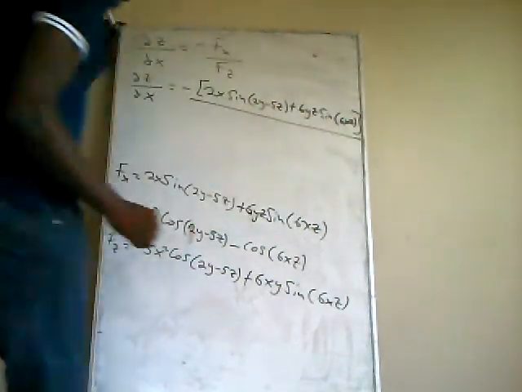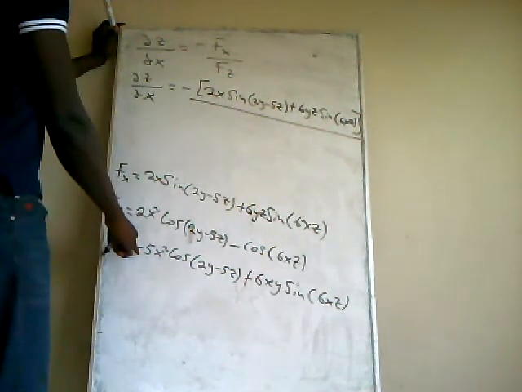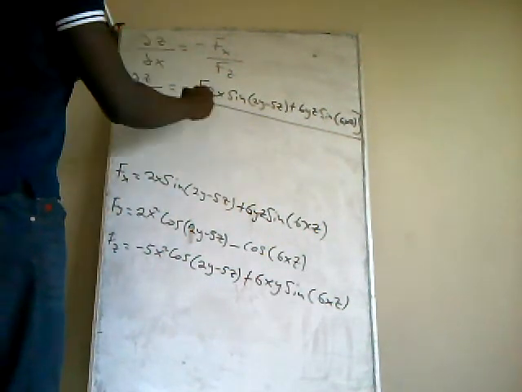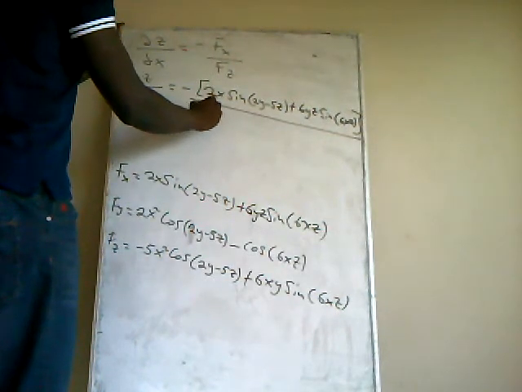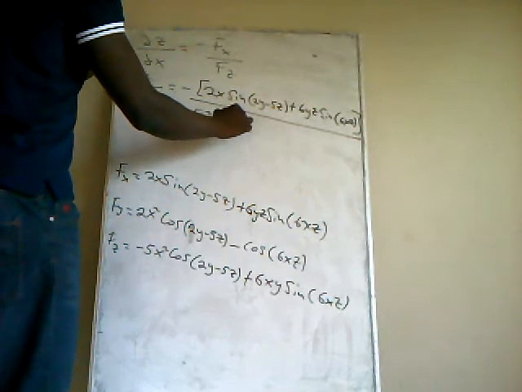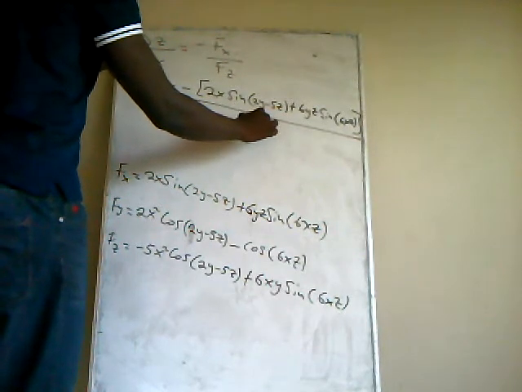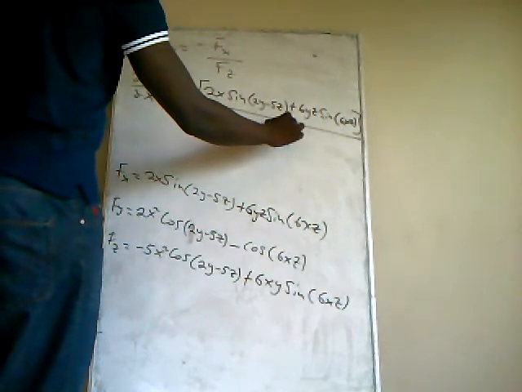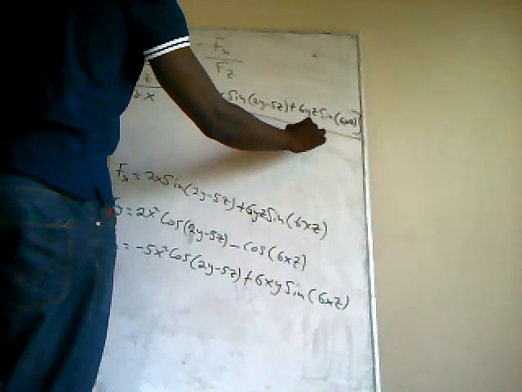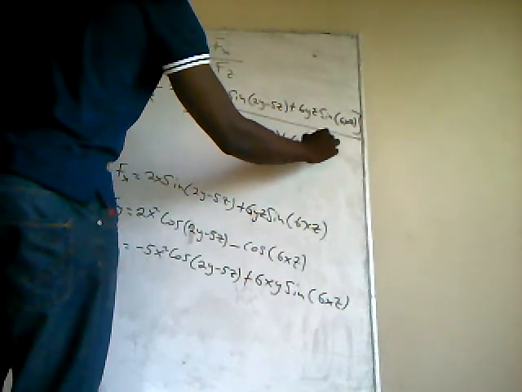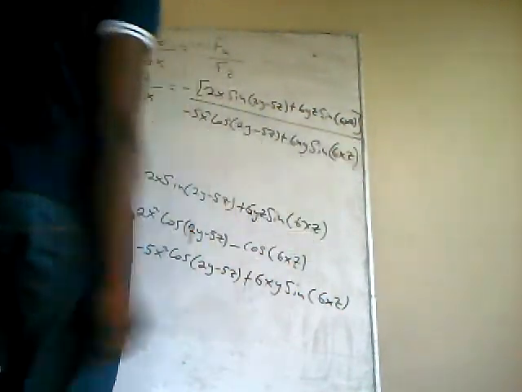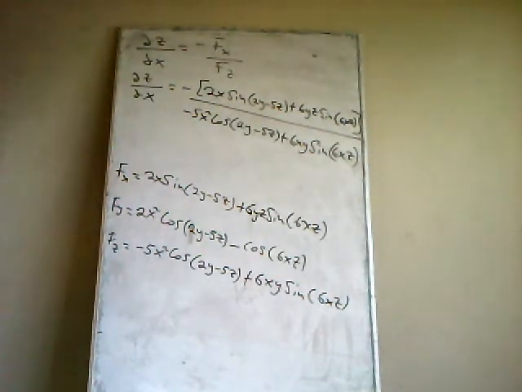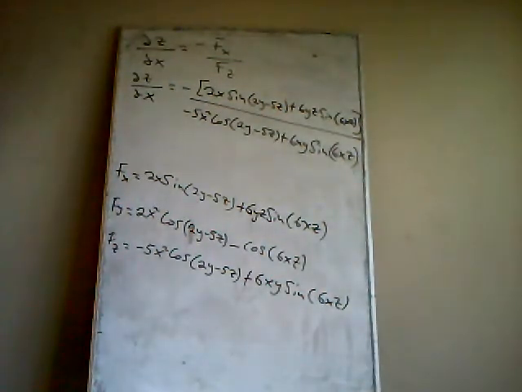I divide this by fz, which is minus 5x squared cos 2y minus 5z plus 6xy sine 6xz. The minus will affect the sign, right? Okay. This is our del z, del x.